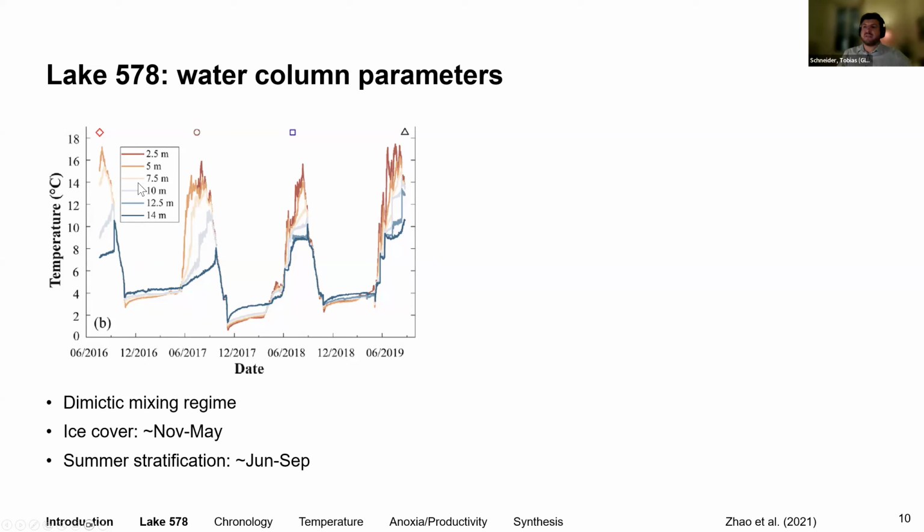And what we learn from this time series is basically that the current state of the lake is a dimictic regime with long ice cover in November through May. So what we see here, starting in June or in the summer, the topmost thermal logger is the warmest, and the bottommost is the coldest. And then during the autumn turnover, they line up because we have a mixed water column, so the temperature is evenly distributed.